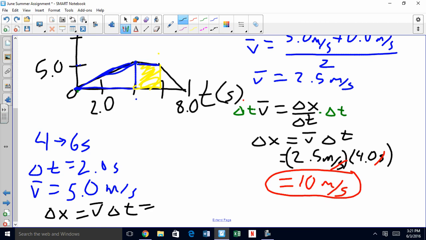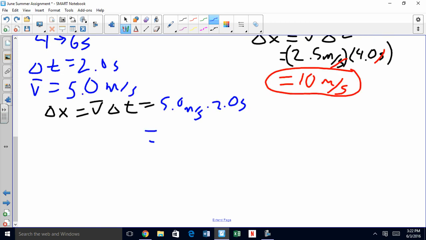It's just me modifying the definition of average velocity to solve it for delta x. I would end up finding 5 meters per second times 2 seconds, which is 10 meters again. And once again, the seconds would cancel, which gives us the units that we want.